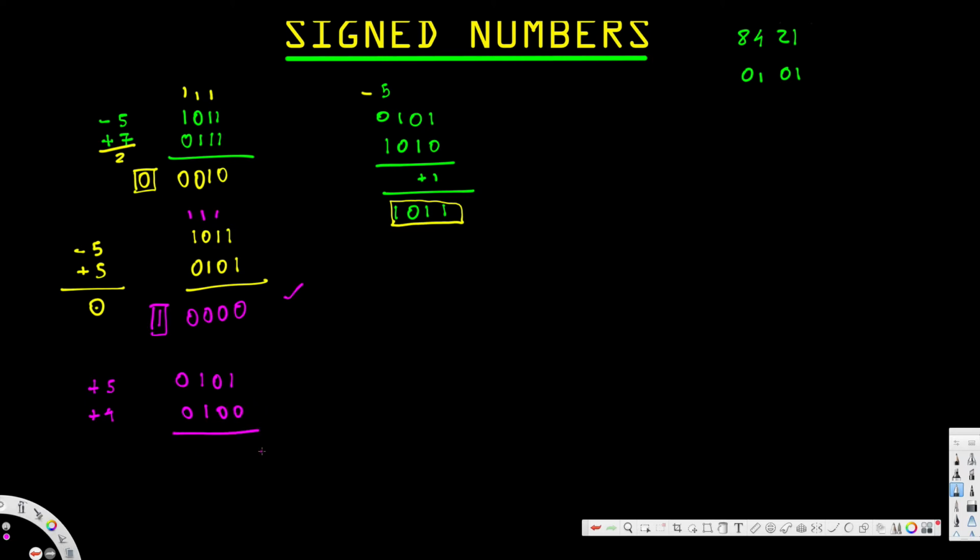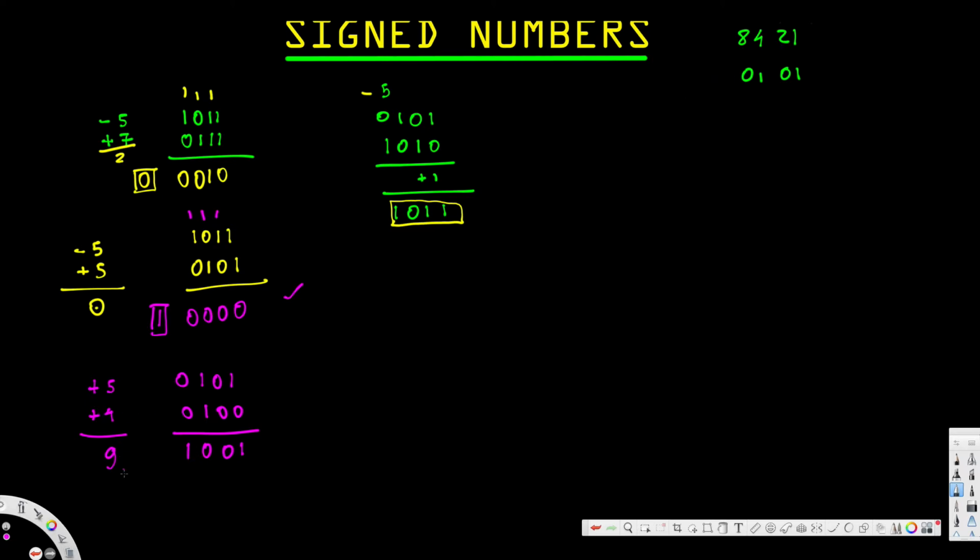If we add these two together, 1 + 0 is 1, 0 + 0 is 0, 1 + 1 is 0 and we have a carry, and that's 1 0 0 1, right? This is equivalent to 5 + 4, which is 9. So here we have 8 + 1, that's equal to 9.